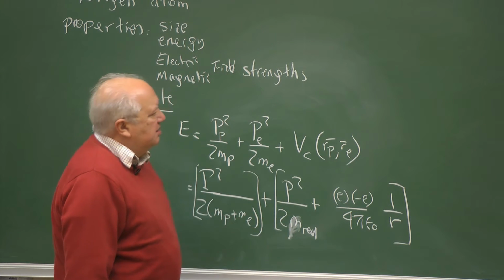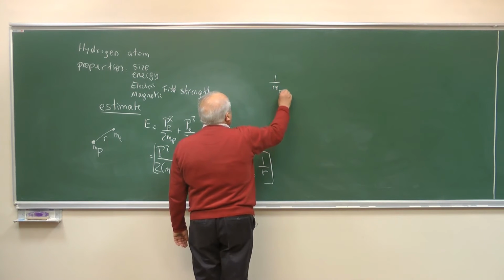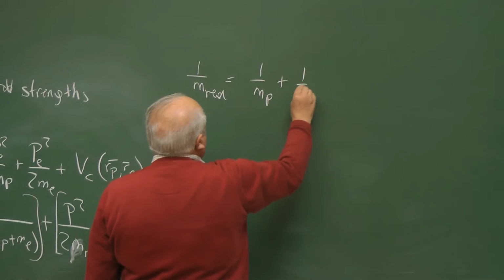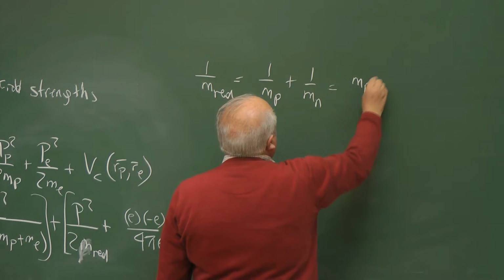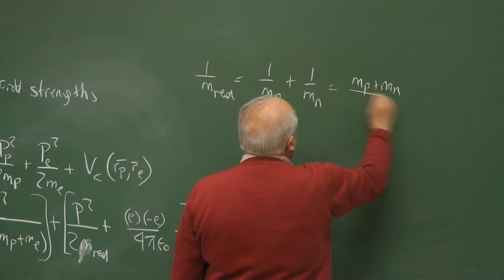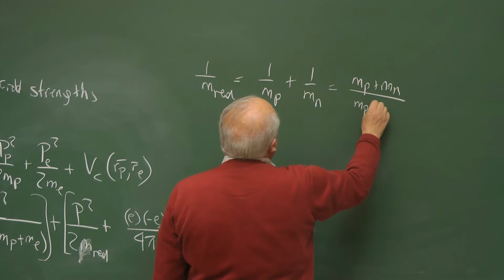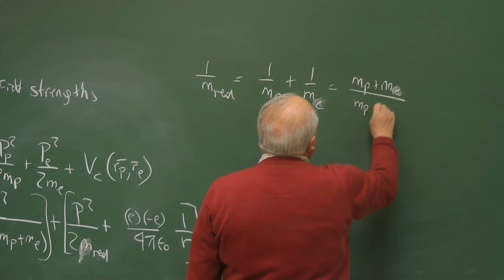First, let's look at this m reduced. How big is that? So we know that 1 over m reduced is 1 over m proton plus 1 over m electron, which is (m proton plus m electron) divided by m proton times m electron.